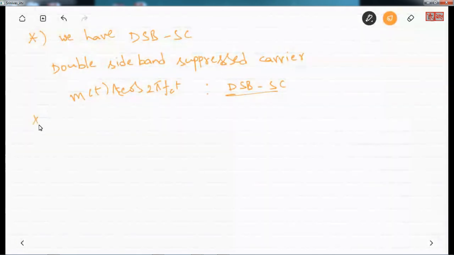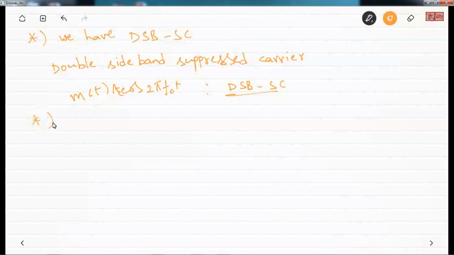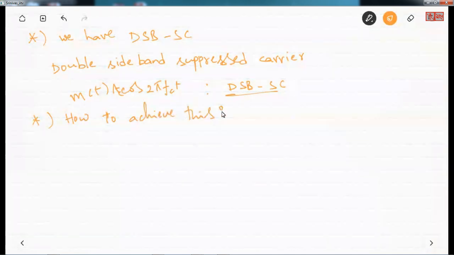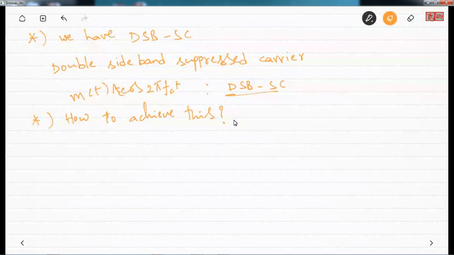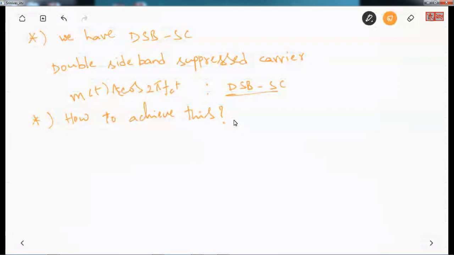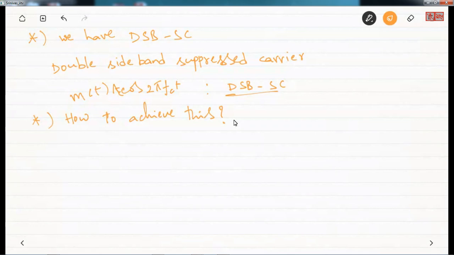Now, how to achieve this? Listen, just through maths, we showed that if you multiply this message signal with the carrier signal, you get an amplitude modulated signal having both the sidebands, upper sideband and lower sideband, and it has got no carrier in the output signal.